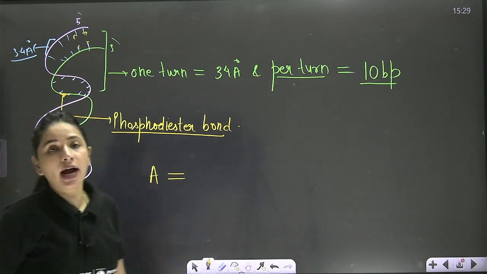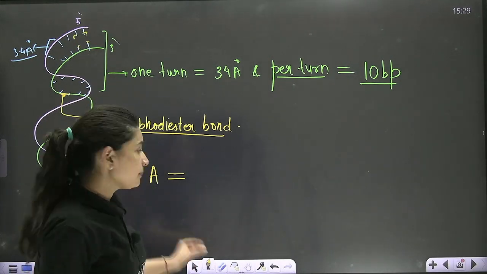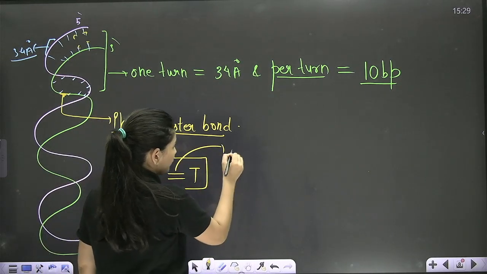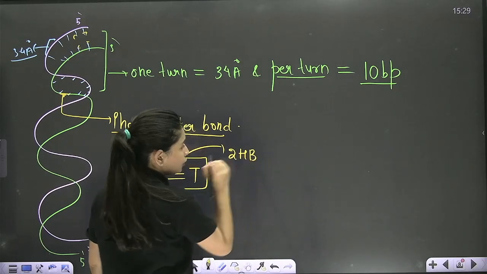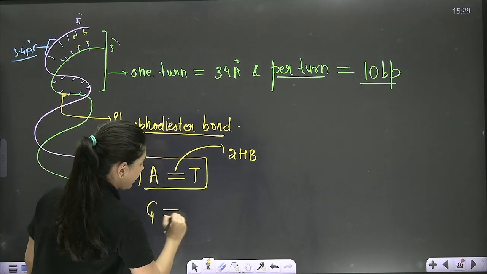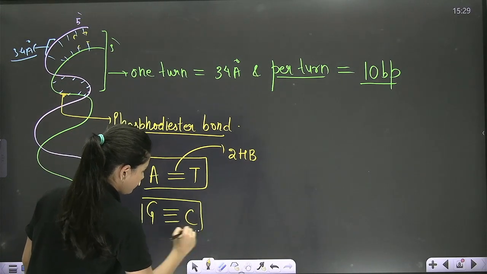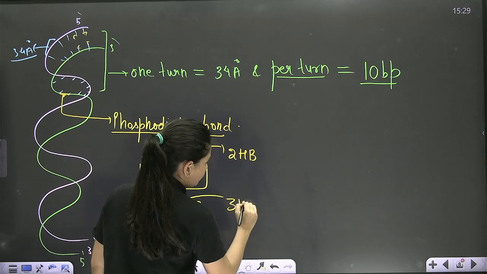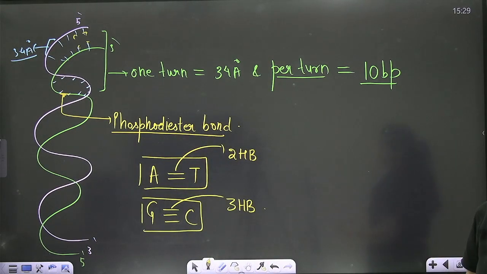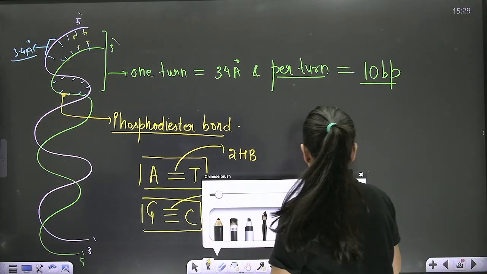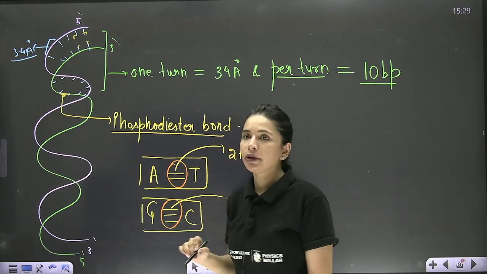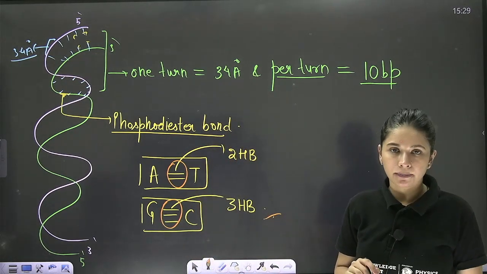With the help of hydrogen bonds. Adenine pairs with thymine with the help of two hydrogen bonds, whereas guanine pairs with cytosine with the help of three hydrogen bonds. This is the major information which you have to keep in mind, that here there are two hydrogen bonds and here there are three hydrogen bonds present.